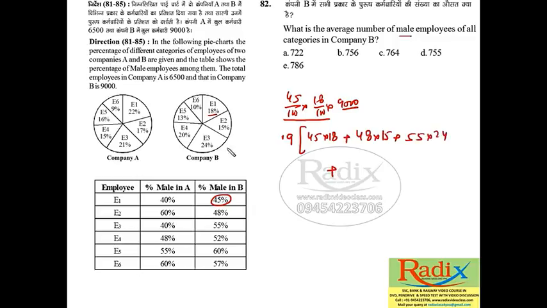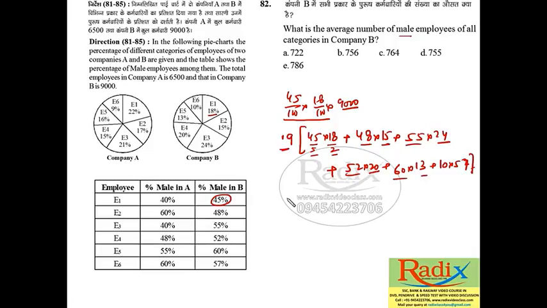Then next part, 52 into 20. Then E5, 60 into 13. Then next part, 10 into 57. Right. See, because this is 0.9, this could be 5, this could be 2, this will contain 5 and 2, it would be 10. If we take 10 common, 10 is also there, 10 is there.